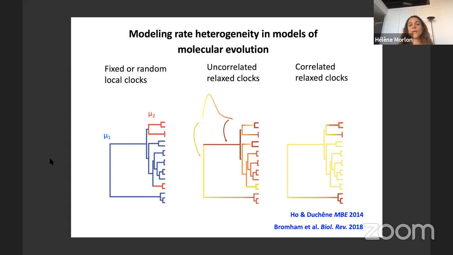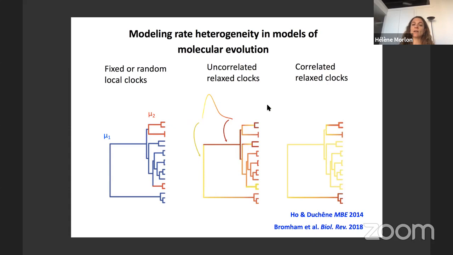Or the other way to model rate variation has been to use relaxed clocks that are either uncorrelated. So here we can just draw different rate parameters from a given distribution, but the distribution is fixed, and the rates are not inherited. The draws are done independently.